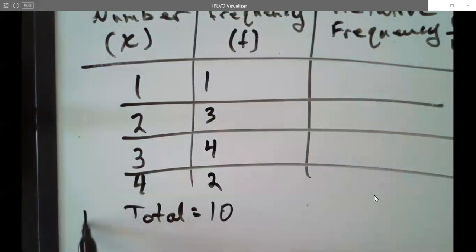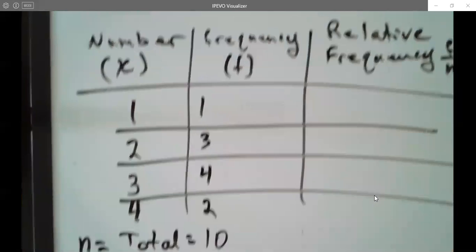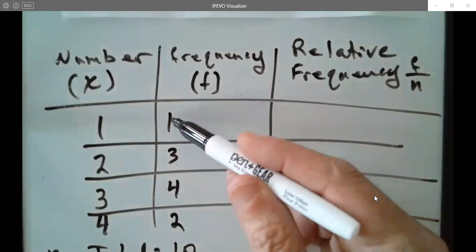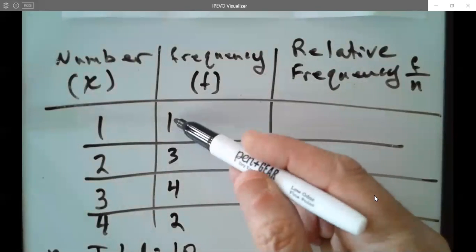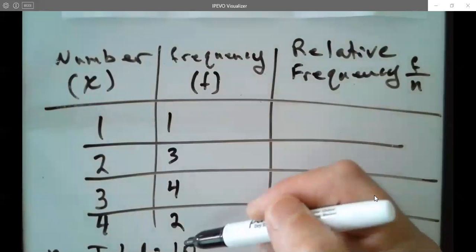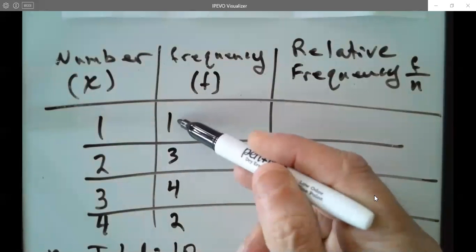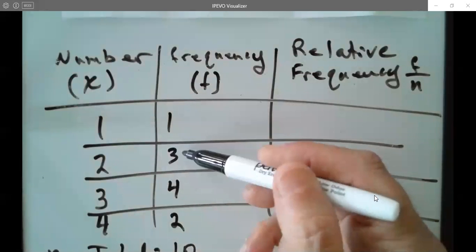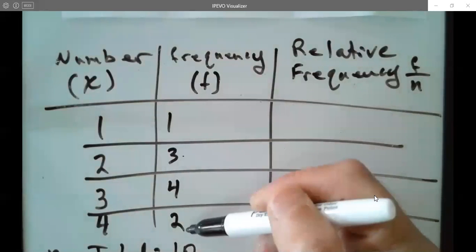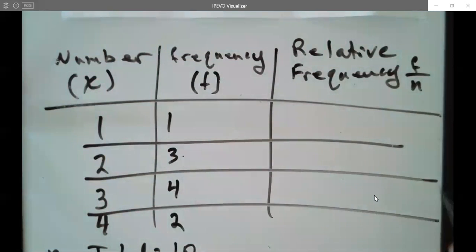So this would be our N. N is used in statistics for the total population or total number. Our frequency is the number in each category: 1 student has 1 sibling, 3 students have 2 siblings, 4 students have 3 siblings, and 2 students have 4 siblings.